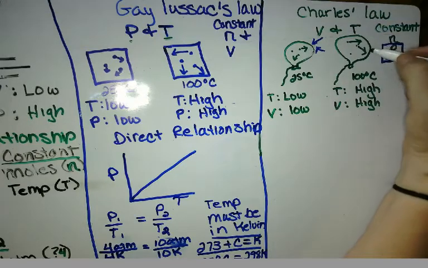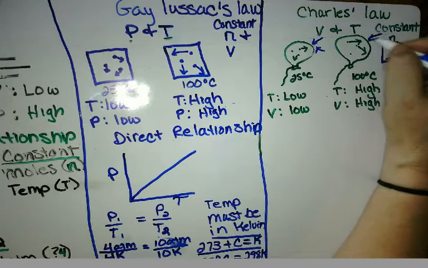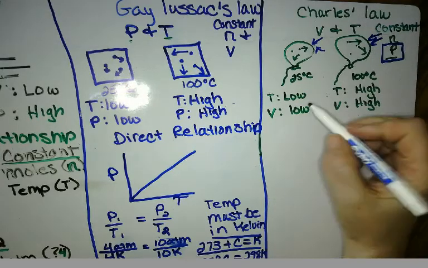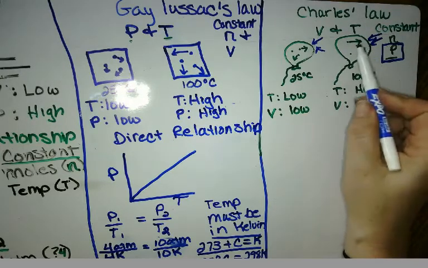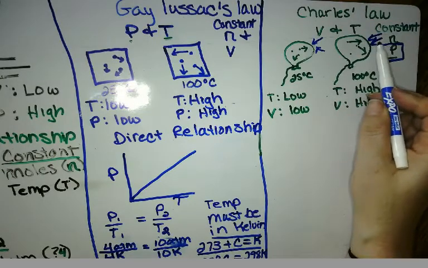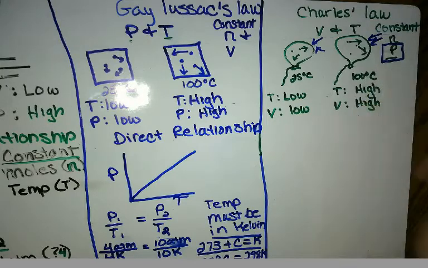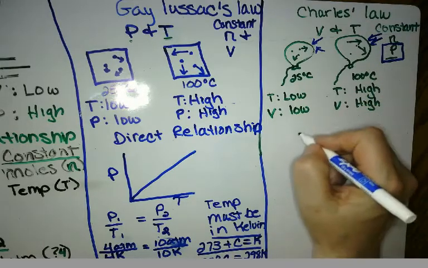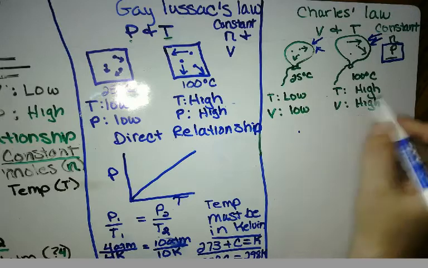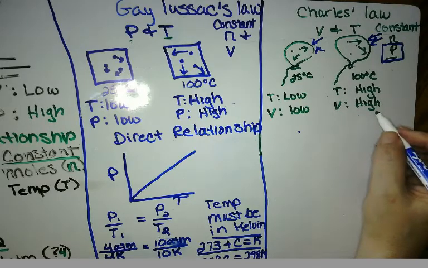So my volume just increases until the pressure on the inside and the outside is the same. So if my volume can change and I increase my temperature, these collisions will happen so much that the volume will expand until the pressure inside equals the pressure outside. Okay, and this is my temperature's low, my volume's low. I increase my temperature, my volume increases.